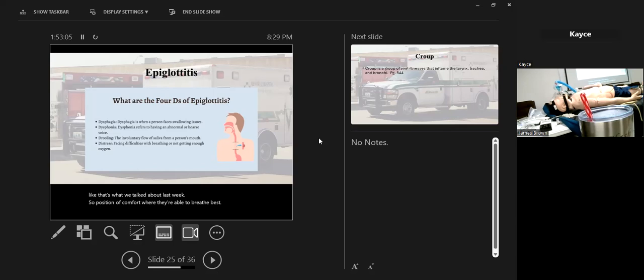The only two positions you don't want them in are flat on their back and on their face. If they're comfortable sitting up, or comfortable in the fetal position, you let them get comfortable and just monitor them.